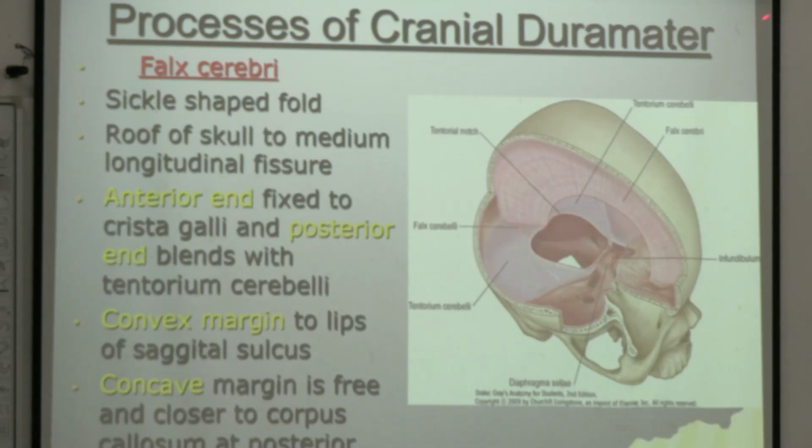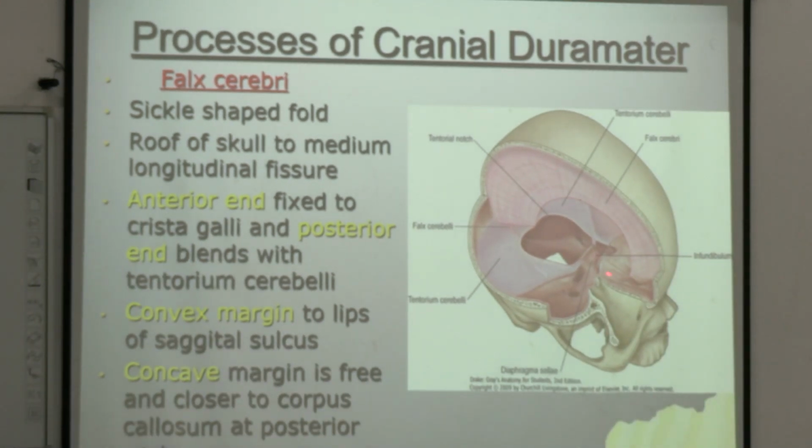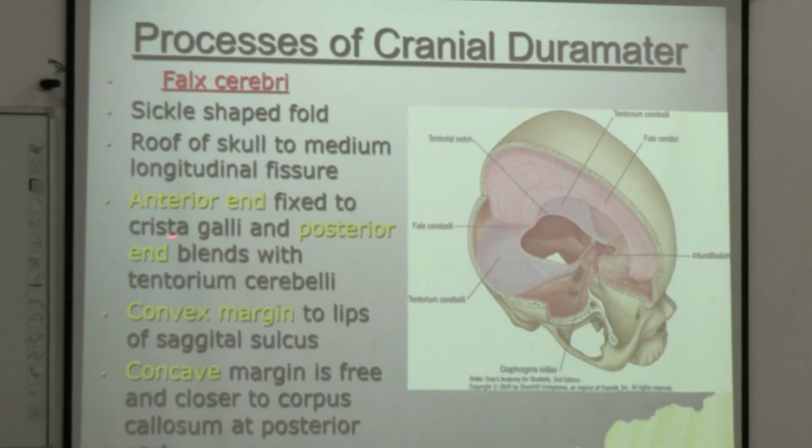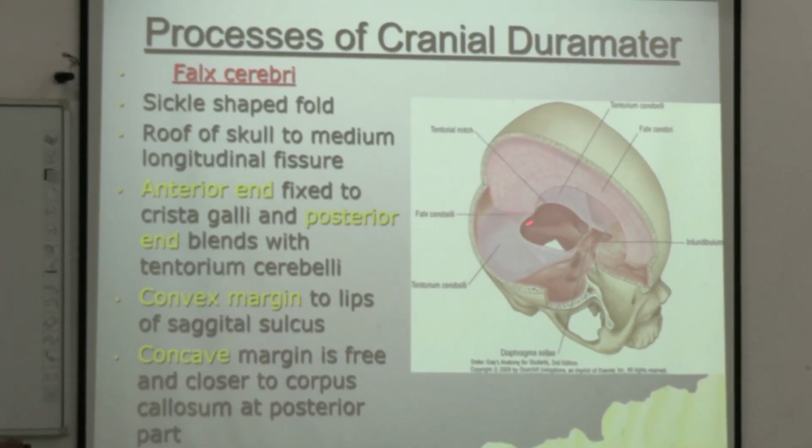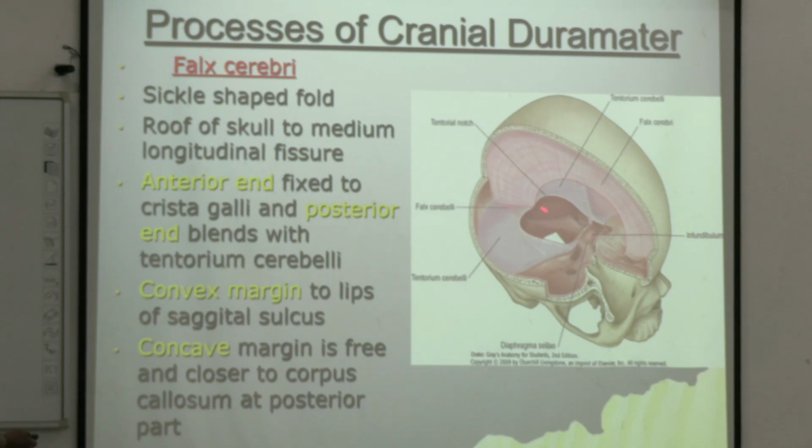Now, processes of the cranial dura mater. Falx cerebri, this is the Falx cerebri, a sickle-shaped fold from the roof of the skull to the medial longitudinal fissure. Anterior end is fixed to the crista galli and posterior end blends with the Tentorium cerebelli. The convex margin is attached to the lips of the sagittal sulcus.